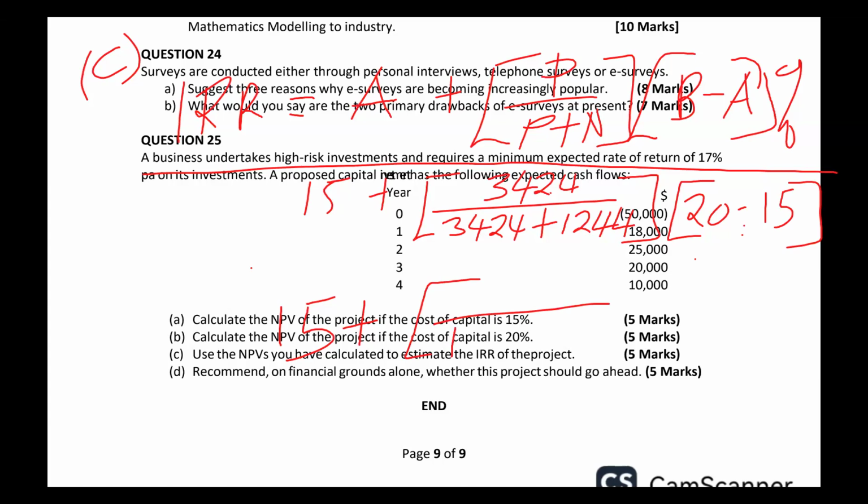Oh, sorry, I thought it was 34 and then 24 separate. Add this, the denominator gives us 4,668.